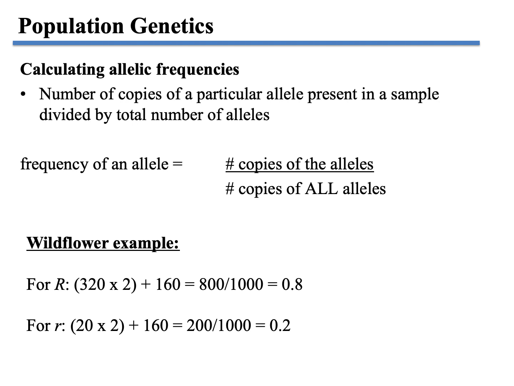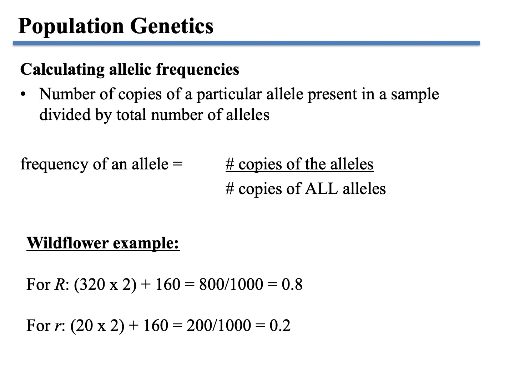For the dominant red allele, there were 320 individuals that were homozygous dominant. But in that genotype, there are 2 copies of the dominant allele. So we would take 320 and multiply that by 2 to represent the total number of dominant alleles present in the homozygous dominant individuals.